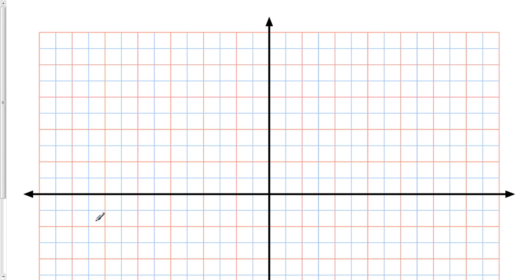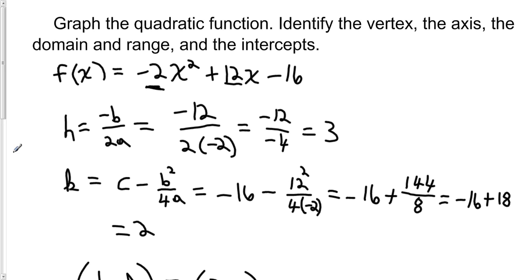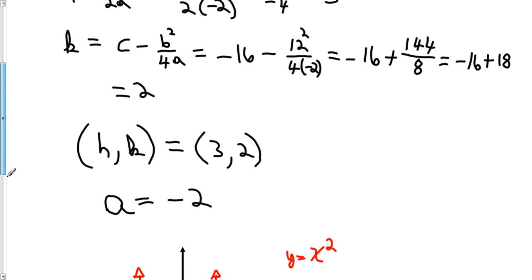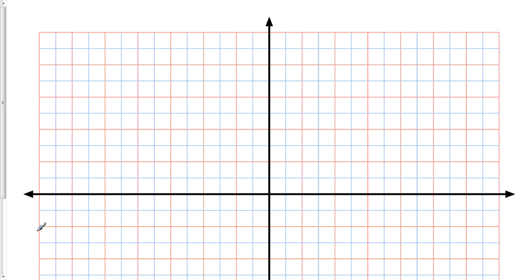Let's go ahead and do that. My vertex was the point (3, 2). So let's graph the point (3, 2). The point (3, 2) is right here. 1, 2, 3, 1, 2. This is the point (3, 2) right here.